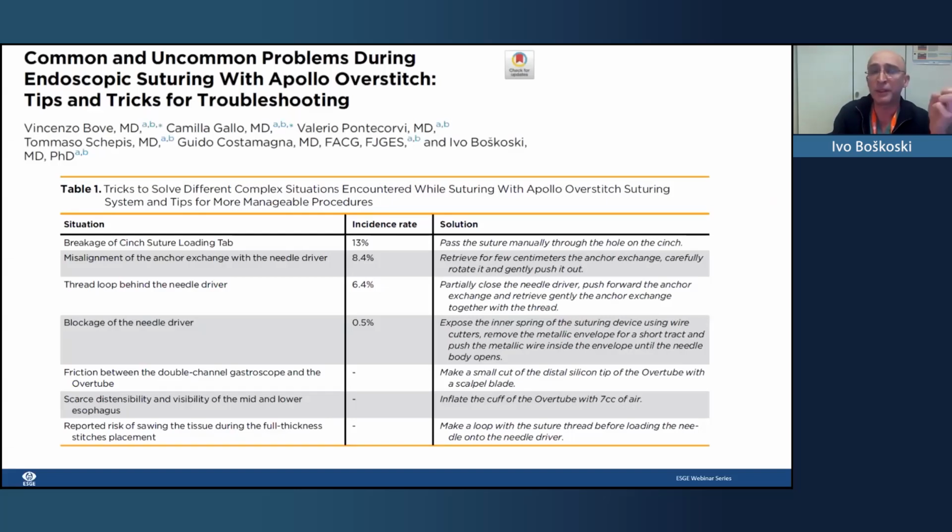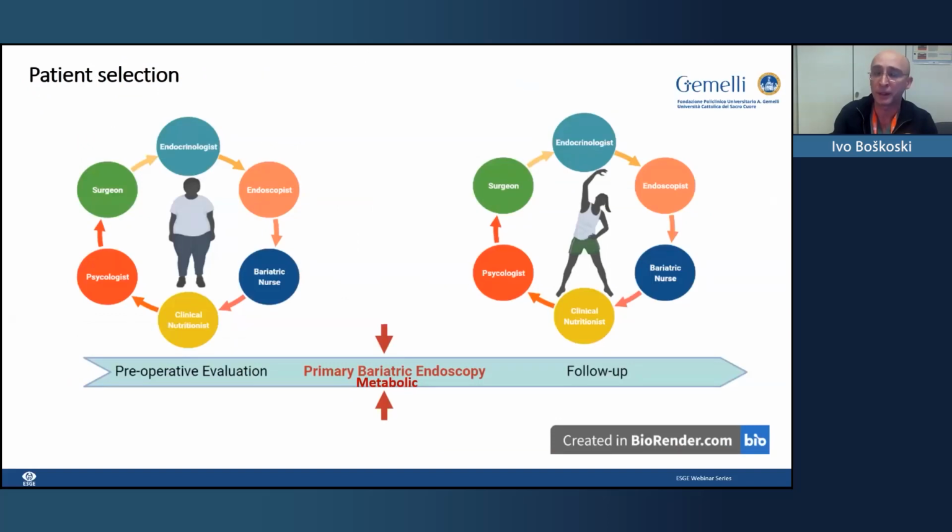So there are different tips that can be found in the literature. The concept is very important: the patient selection, the procedure, and the follow-up. We are not talking about any other type of procedure in endoscopy. Obesity is a chronic relapsing multifactorial disease, and you cannot do it alone.